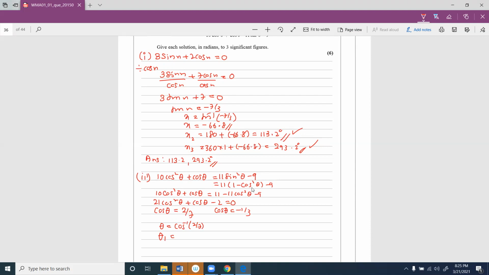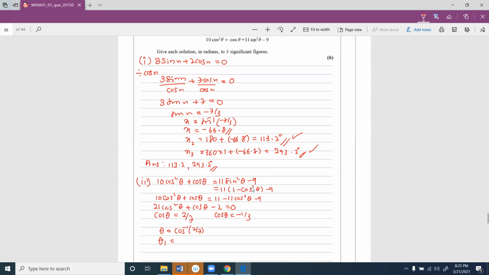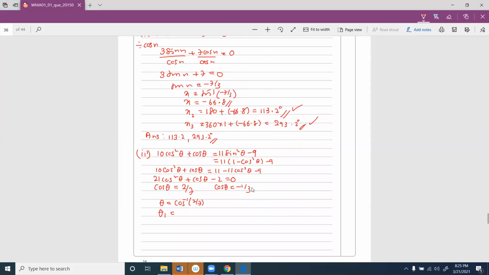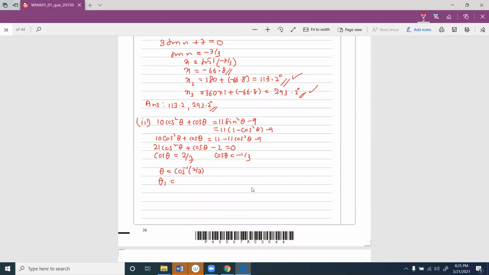Change your calculator to radian mode. Basically, when you start with this, you have to understand that the angle should be 0 to 2 pi, which means roughly 6.28. You need to find the angle within this range. So cos inverse 2 over 7 is 1.28.